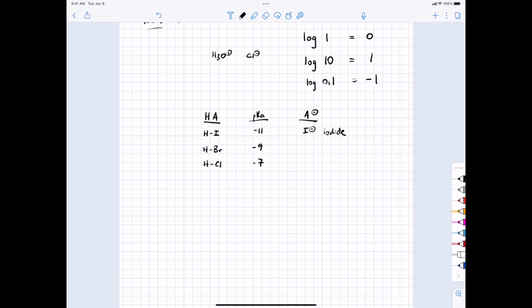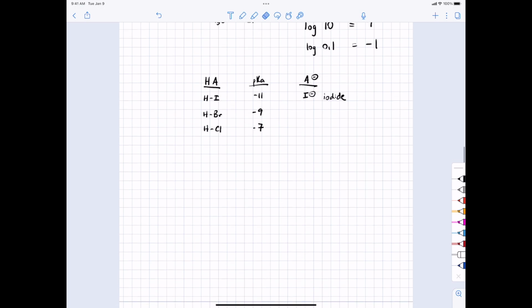And in fact, as we move up a column of the periodic table, we're going to find that acidity decreases. By the time you get to fluorine, the pKa is 4. We'll talk about how to rationalize that.